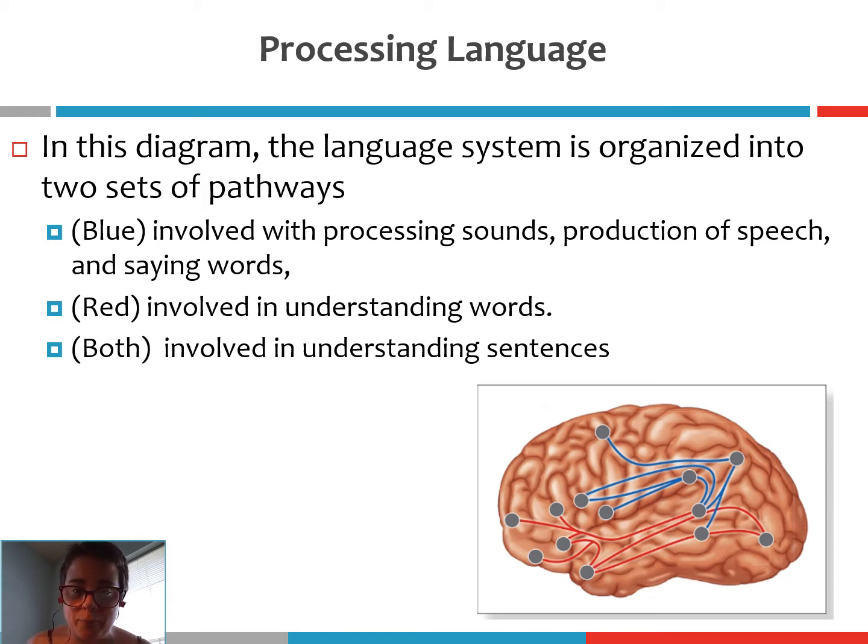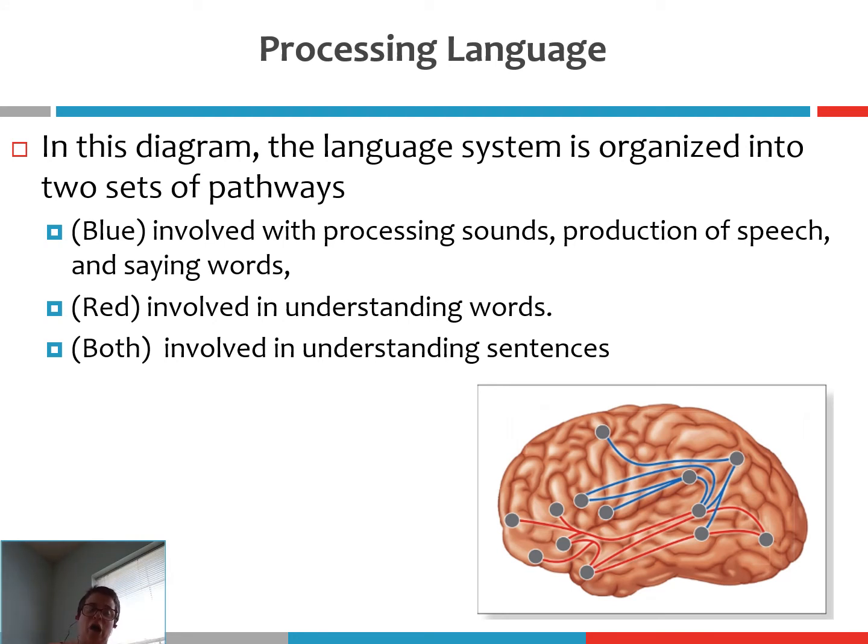Right? So for example, that pathway in blue is activated whenever you process phonetic information, so information related to sound or production of speech, okay? All of those areas are going to be activated simultaneously. Similarly, all of the areas indicated by the red line are simultaneously activated during speech comprehension. And both the blue pathway and the red pathway are activated when we're trying to engage in basic sentence comprehension, right?